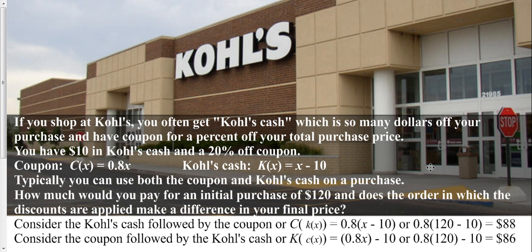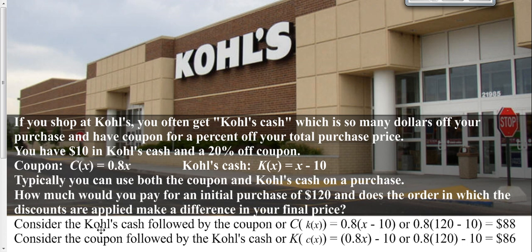Now, you can typically use both of these items when you make a purchase. So suppose you initially paid, or when it rang up, it was $120. Does the order in which these discounts are applied make a difference? Well, let's take a look at that.